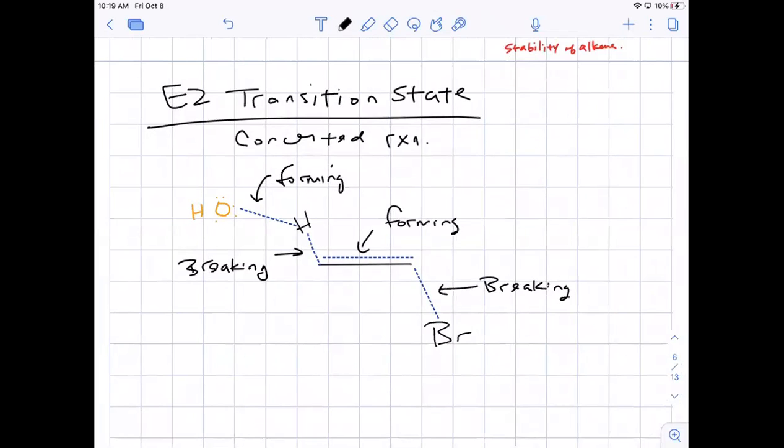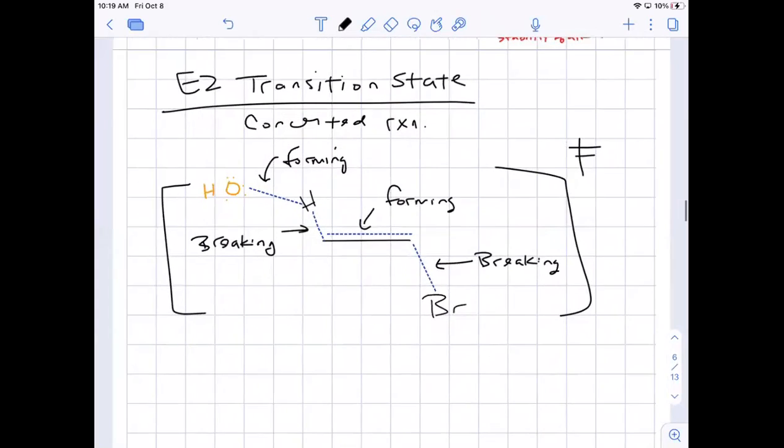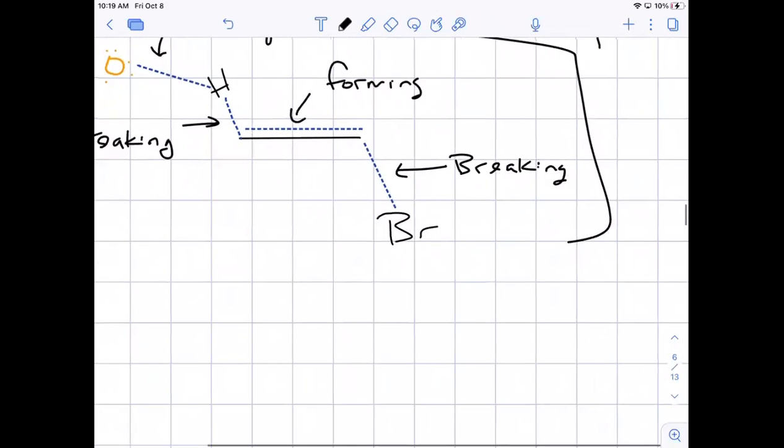Also, one other feature of the E2 that's important is here. So the bromine and the hydrogen that are here, they have to be on opposite sides of one another.